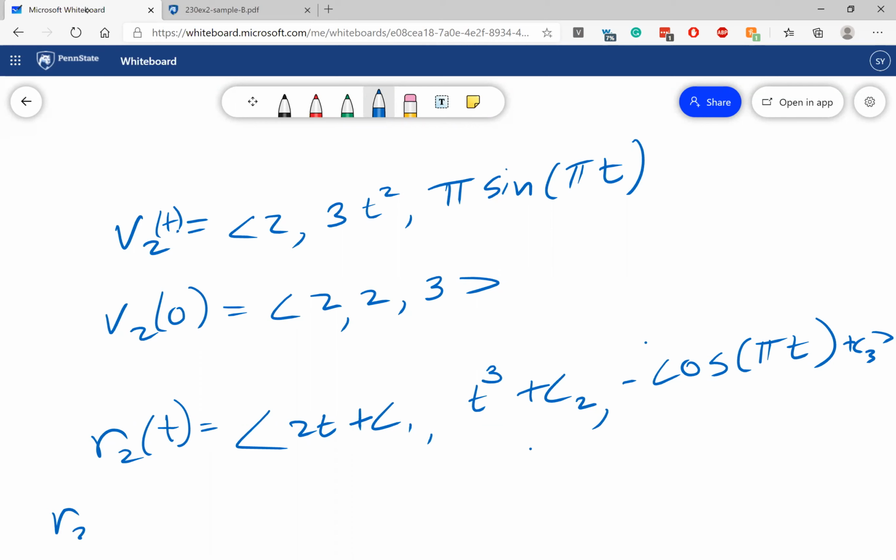Okay, now R2 of 0 is going to be equal to, so this would be C1, C2, and, okay, over here we would have negative cosine of pi, that would be 1 plus C3. This is equal to 2, 2, and 3.